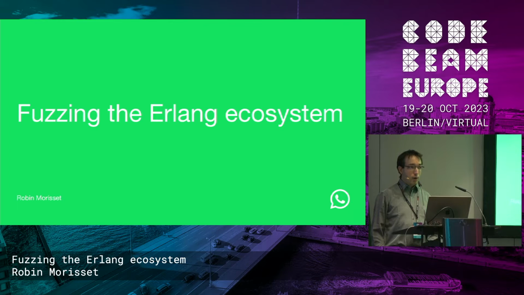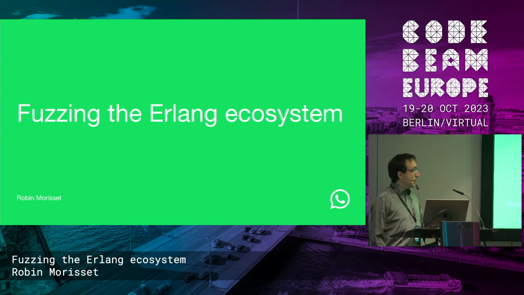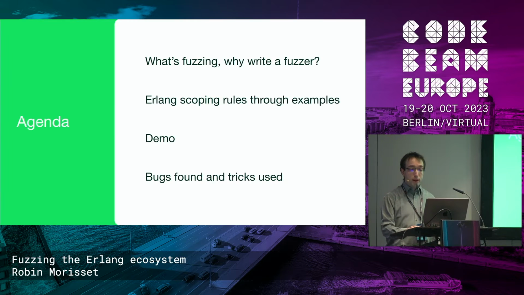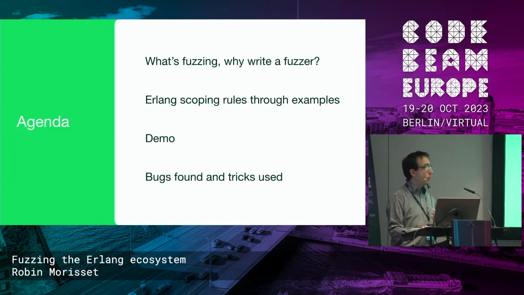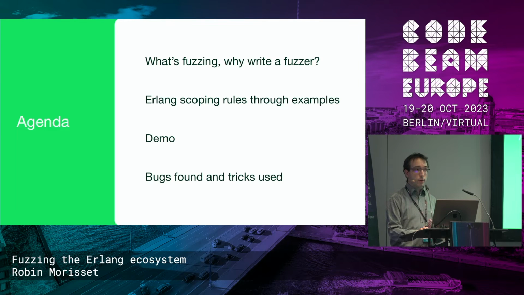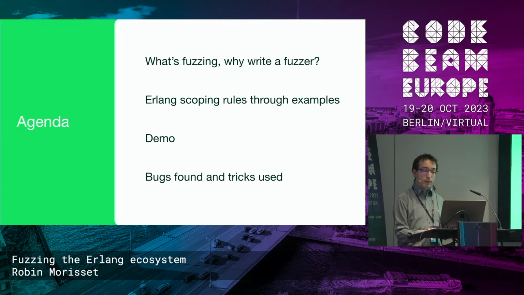Hello, everyone. Today I will start by explaining what exactly is fuzzing, or fuzzy testing, and why it is so helpful. Then I will have some quick diversion about Erlang. It turns out there's the main obstacle to fuzzing erlc.